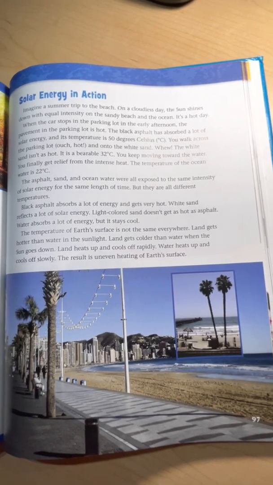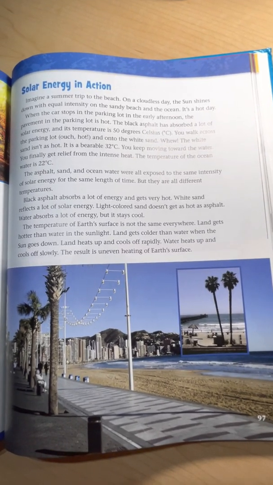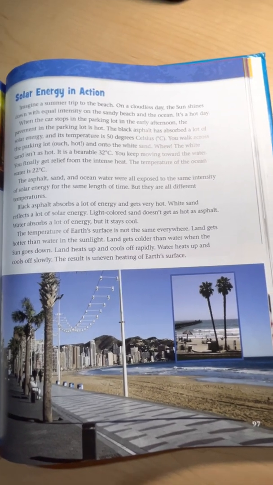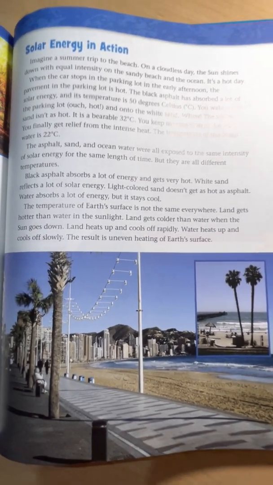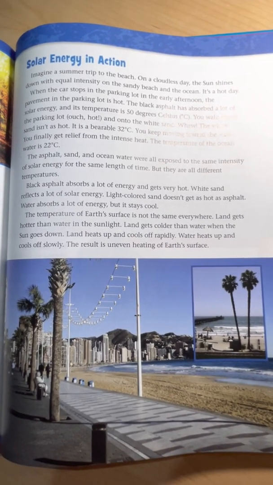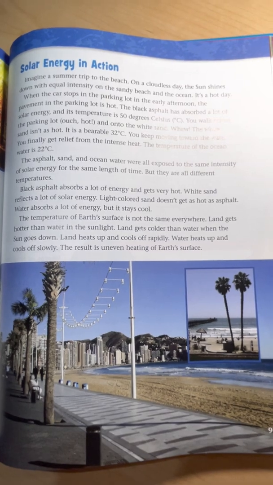Why is that? Black asphalt absorbs lots of energy and gets very hot, while the white sand reflects a lot of the solar energy. The light-colored sand doesn't get as hot as the asphalt, and water absorbs a lot of energy, but it stays cool.